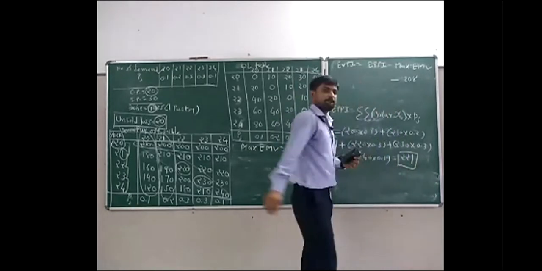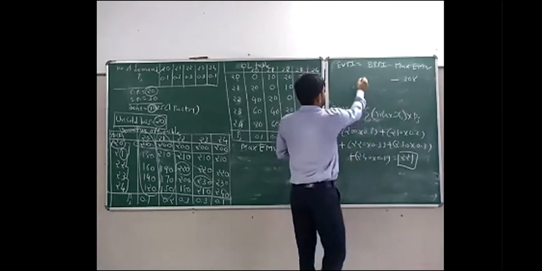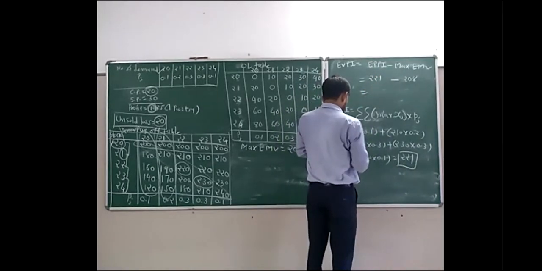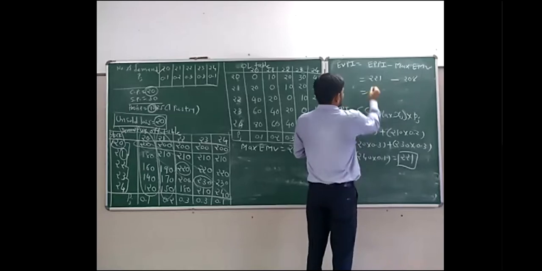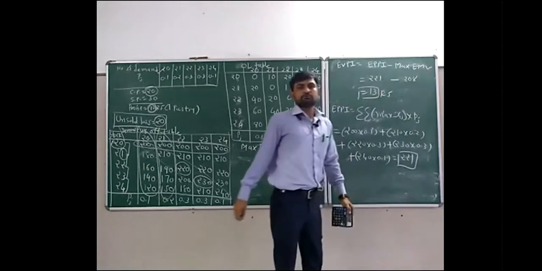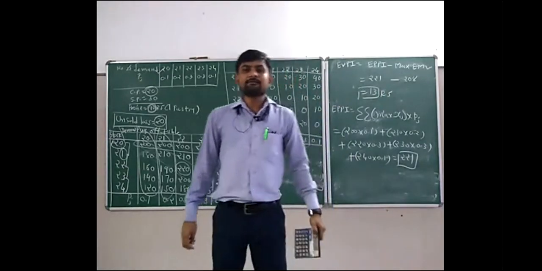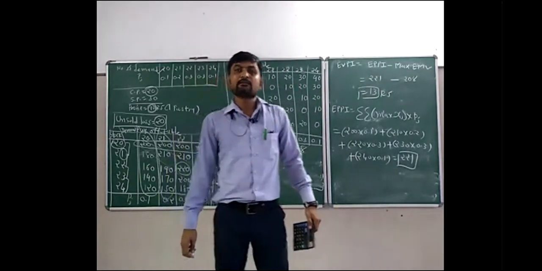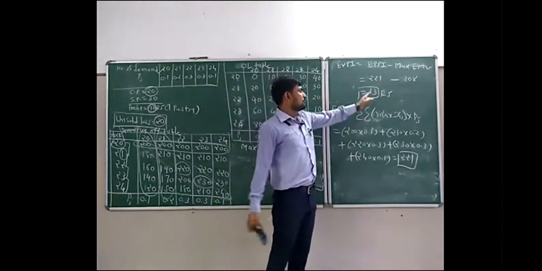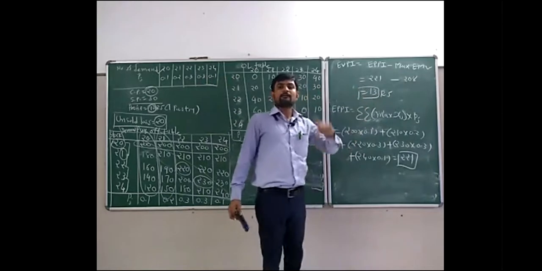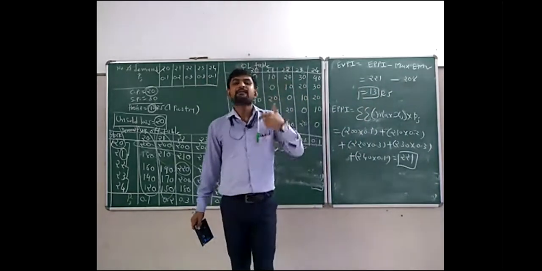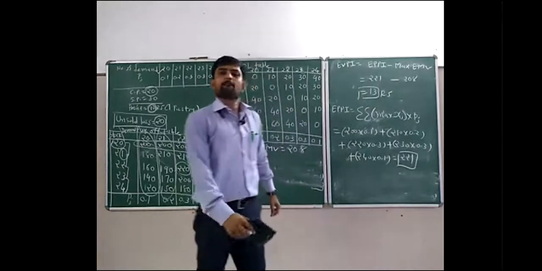Please check it again. It is 221. So write down here EPPI 221. Subtract 208 from this. So it is 13. So if you want to obtain perfect information regarding the demand of the pastry, then you have to pay 13 rupees to get the additional information.